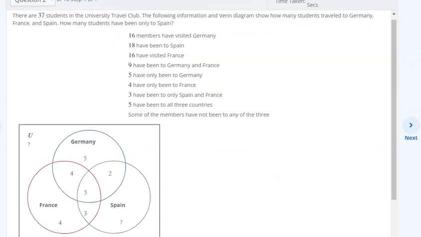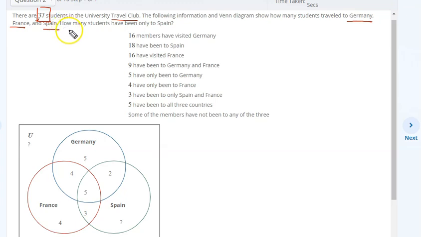Now, in this one, again, you may have different strategies, but this is the one I'll suggest. We have 37 students altogether in a travel club, and I'd write that down somewhere. The Venn diagram shows how many students travel to Germany, France, and Spain.